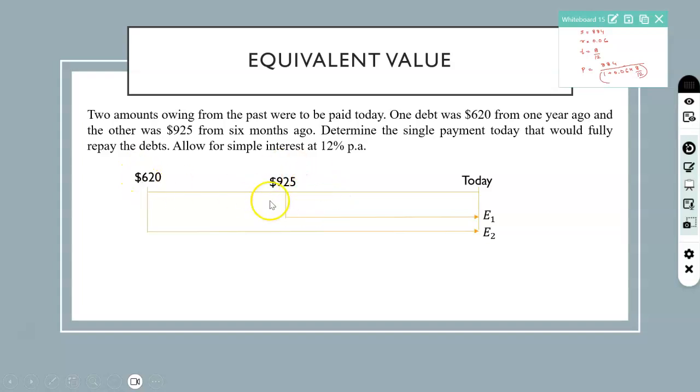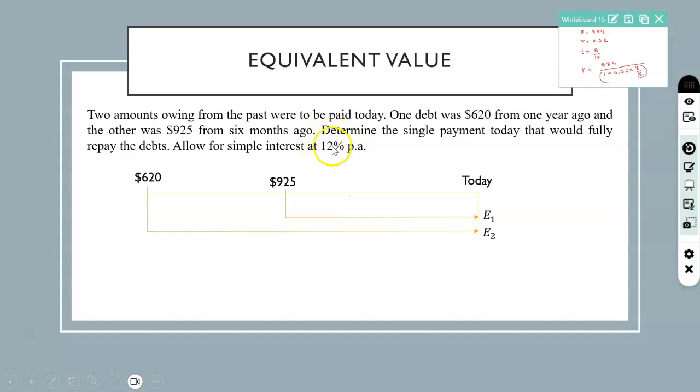And the same for $925: if you have taken $925 6 months ago, you will return 925 plus the interest for these 6 months. That is the future value of $925, which will be your E1. So we'll use the future value formula P(1 plus RT) for E1 and E2, where P is 620 for E2 and 925 for E1.